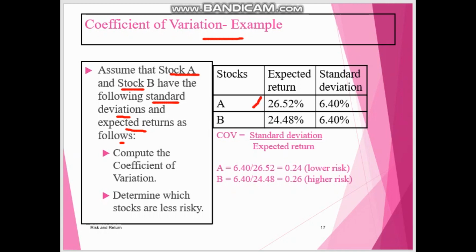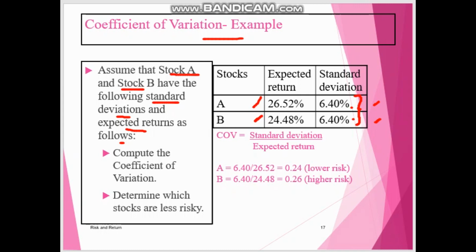When the expected returns are not the same, it is quite difficult for us to make a decision because the standard deviation is the same. As we know, if the standard deviation is higher, it shows higher risk. But in this situation, both are the same. Are the risks the same?